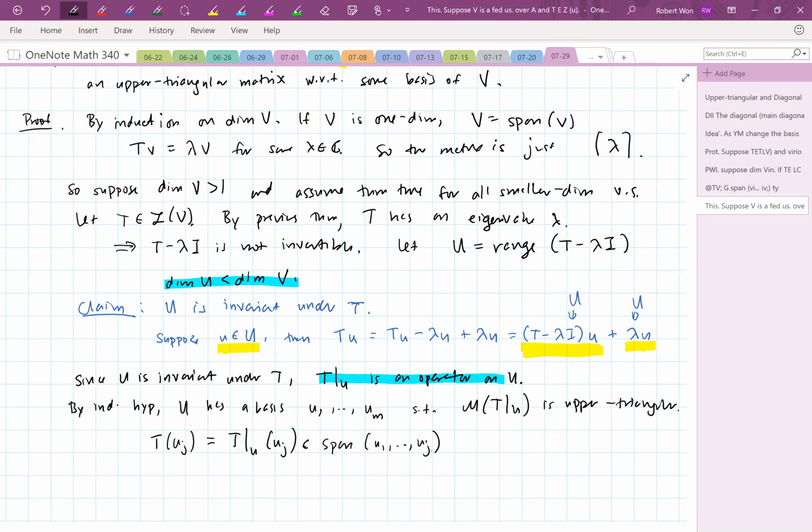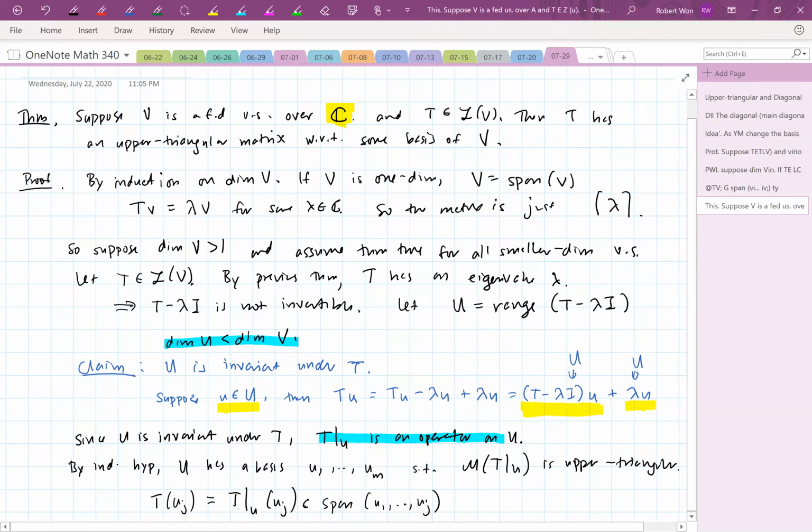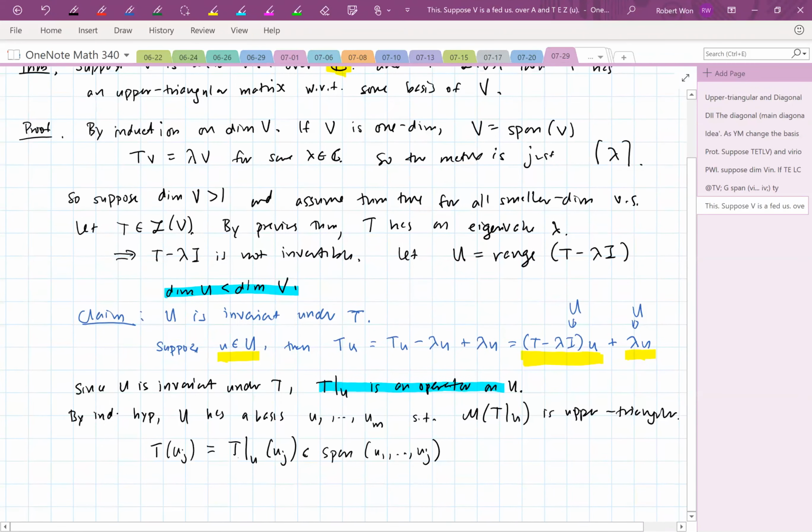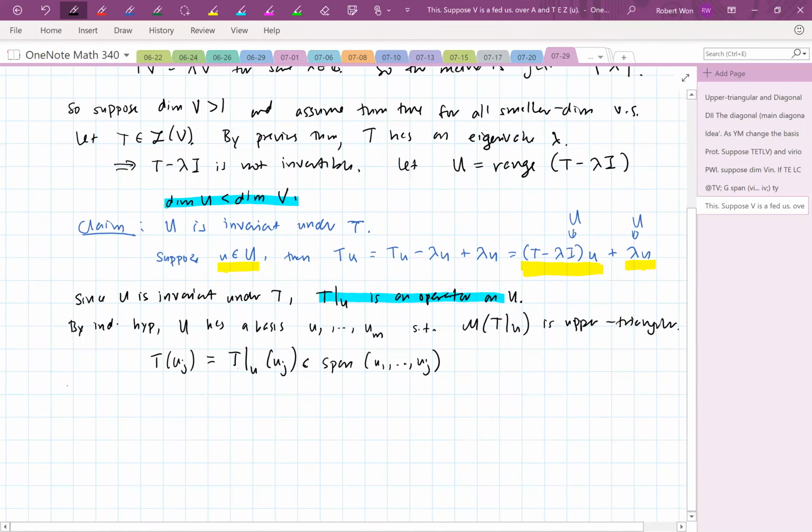Okay. We're almost there, promise. So I now have this nice basis, which we can extend to a basis of V. This was a theorem from a long time ago. We can extend this basis of U to a basis of V. So we start with u1 up through um, and then we add v1 up through vn.